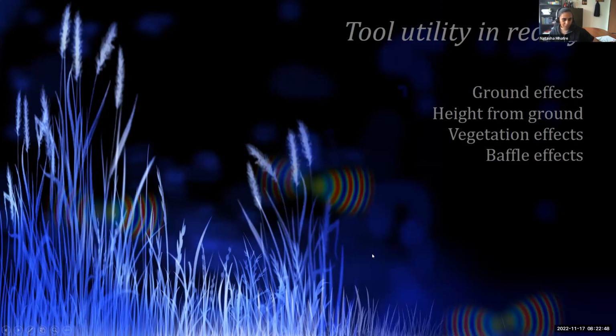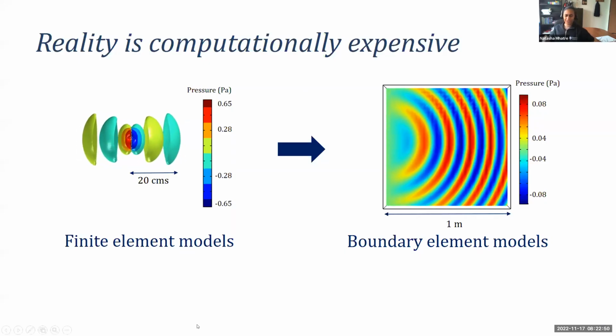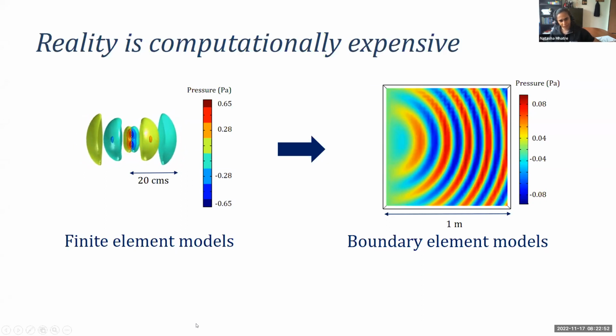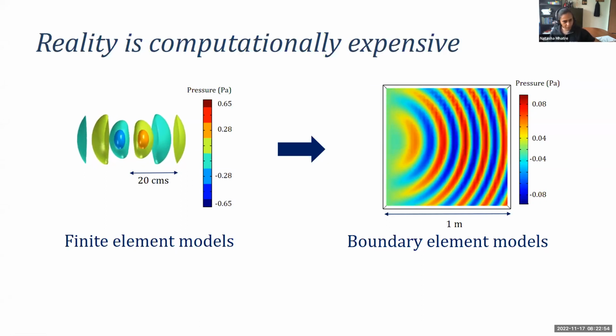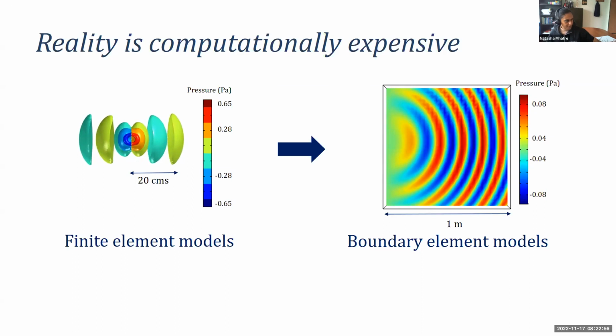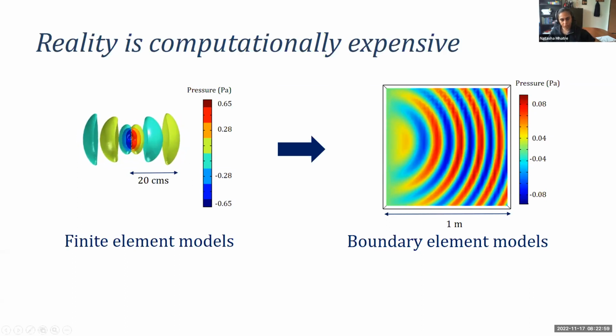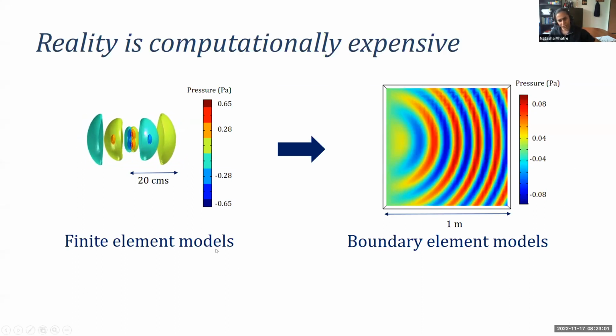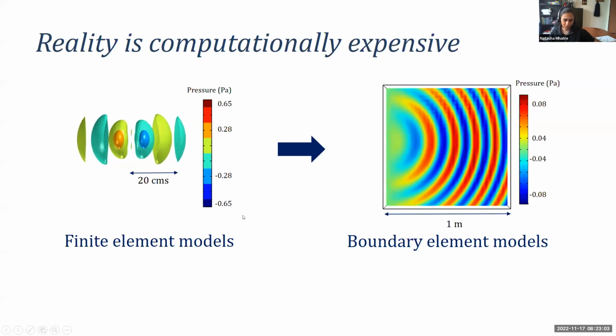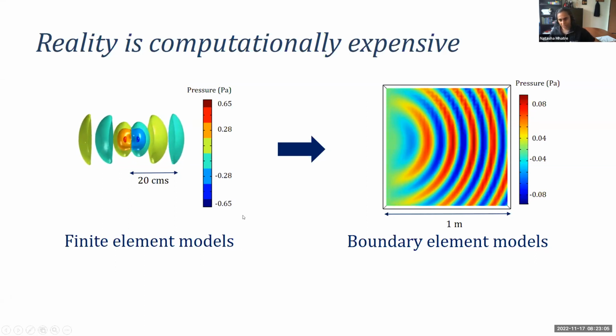And here we found that it wasn't enough to use FE as a method to deal with complexity. We had to move over to a new kind of model, which is computationally less expensive. This is called boundary element models. And we decided to do that.